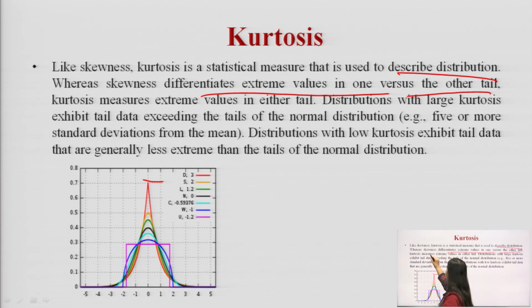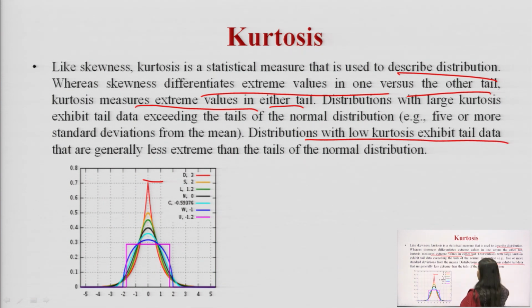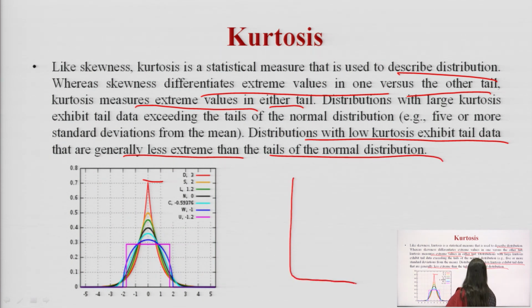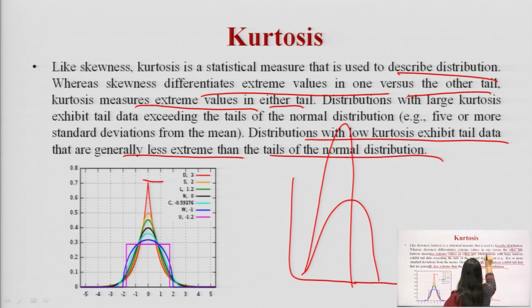It measures the extreme values in either tail, showing what the extreme values are. A distribution with low kurtosis exhibits tails that are generally less extreme than the tails of the normal distribution. Normally the normal distribution curve is like this, and when the peak is very sharp, that is your kurtosis.